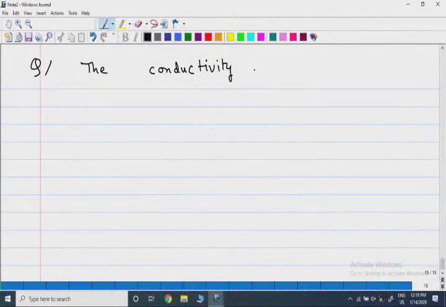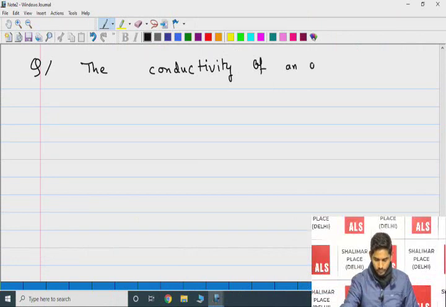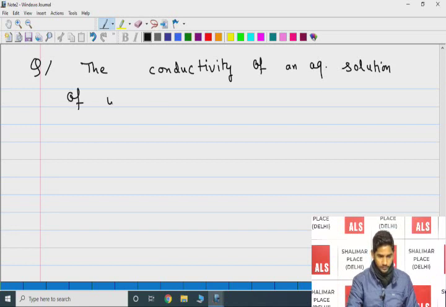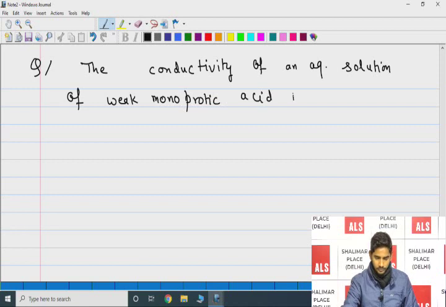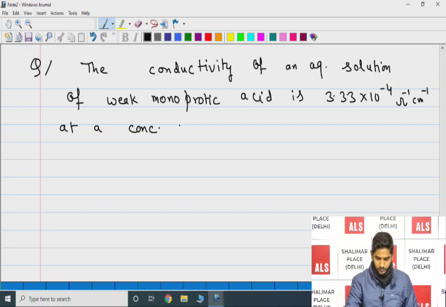The conductivity of an aqueous solution of weak monoprotic acid is 3.33 into 10 to the power minus 4 ohm inverse centimeter inverse at a concentration of 0.02 molar.